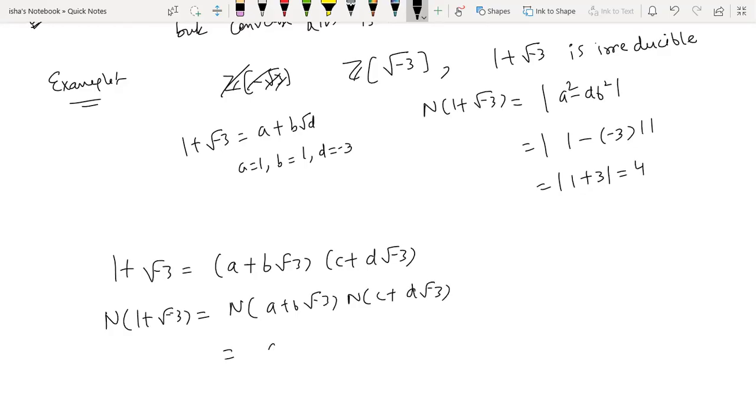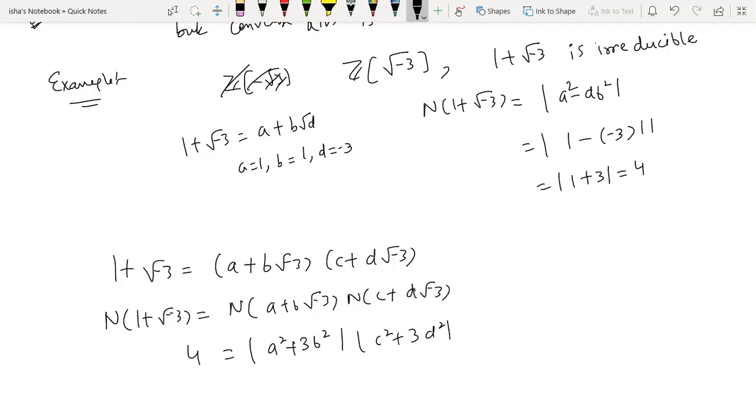So what is the norm of this? It's a square plus 3b square. And what is the norm of this? This is going to be c square plus 3d square, because of minus 3 it will be plus. And what is the norm of this? This is equal to 4.